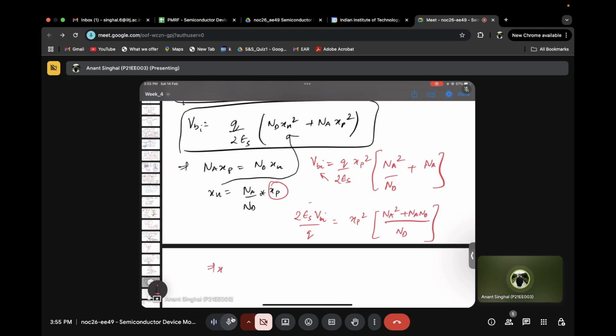And from this I can clearly write xp as under root 2 epsilon s Vbi over q, and Nd will come here. And I can also take Na common from this. It would be Na plus Nd. So that would be 1 upon Na plus Nd.